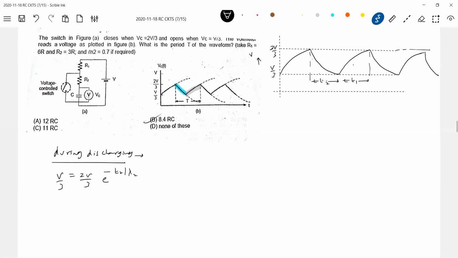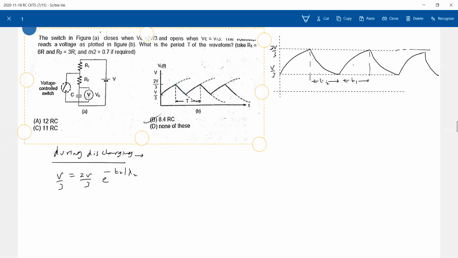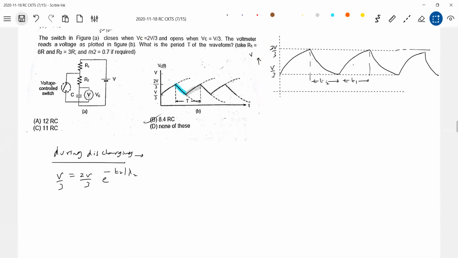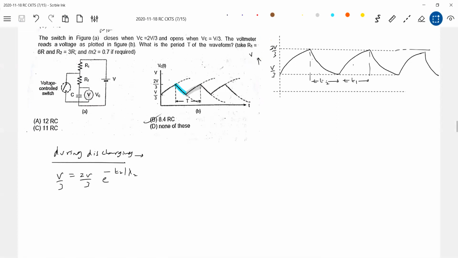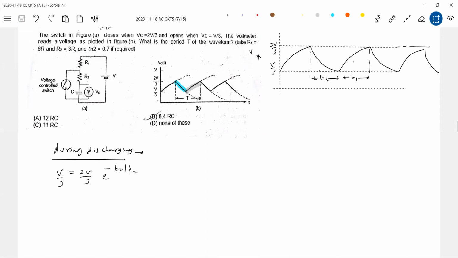Okay, look at the circuit condition. So what can be lambda 2? What is the time constant during discharging? R2, C only, because the switch will be closed. I'll give the circuit diagram.